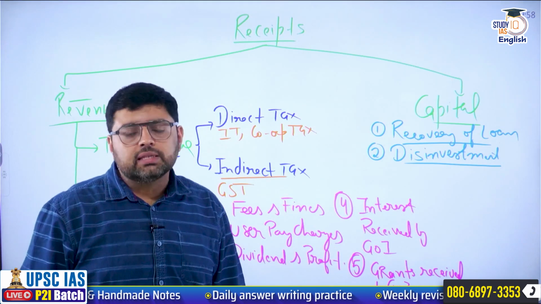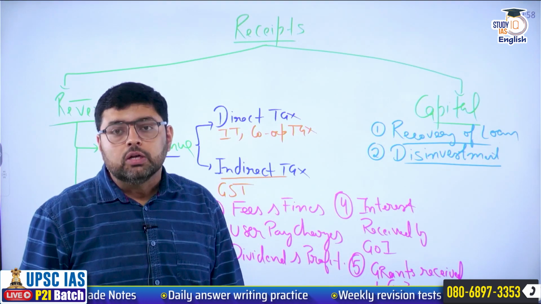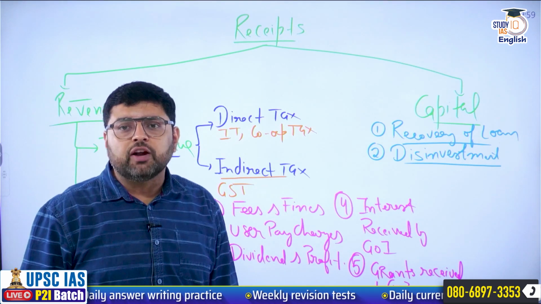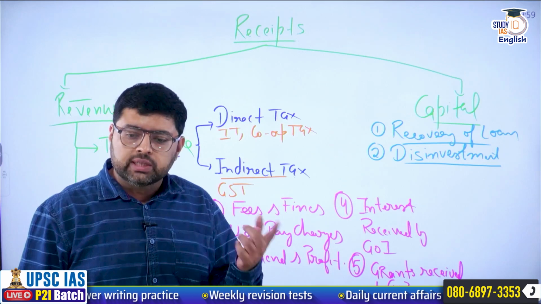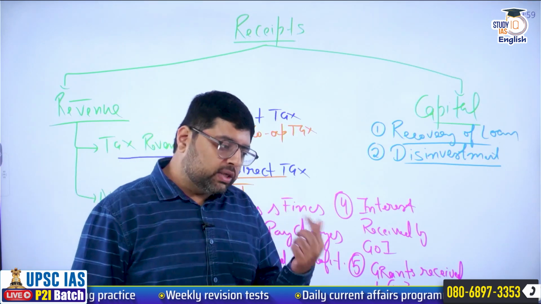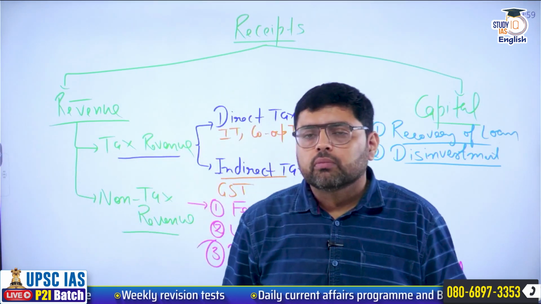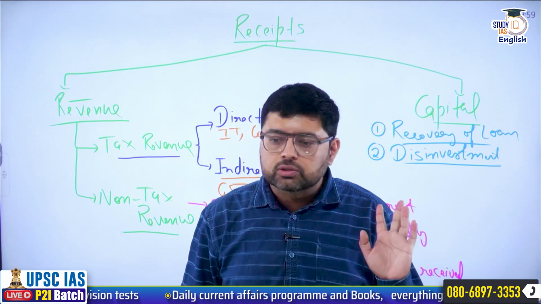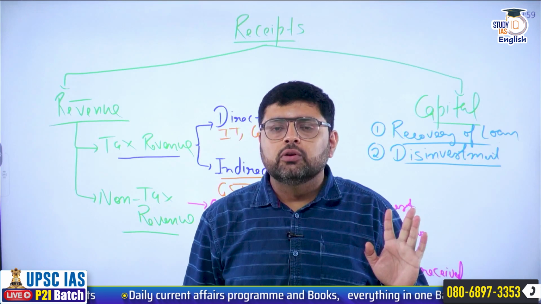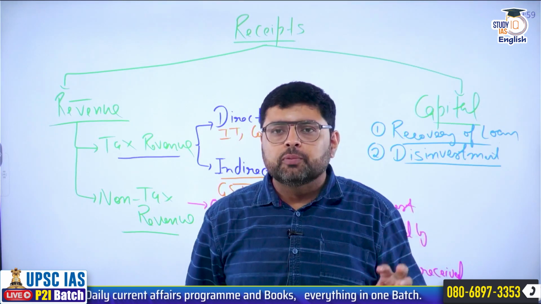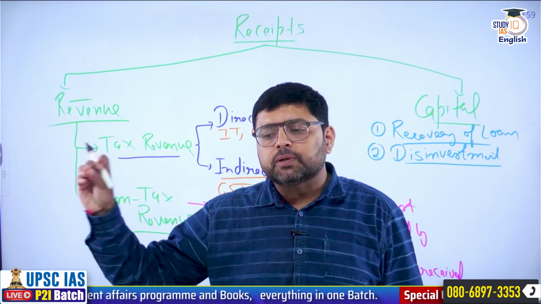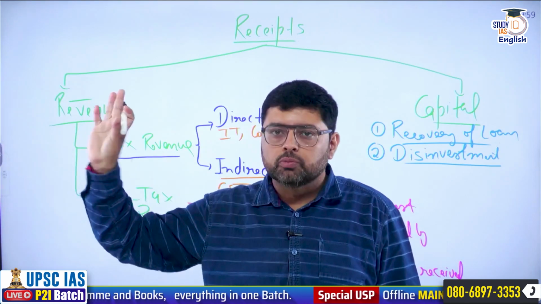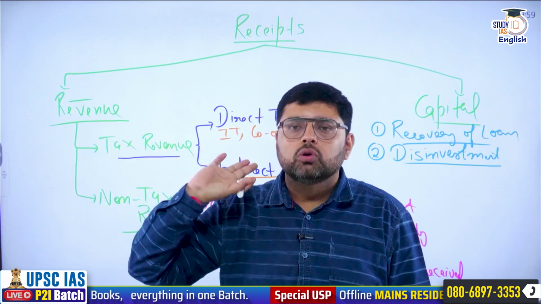Whatever X amount they have received under disinvestment, it is mandatory for the government to spend 25% on the PSU itself. When I am saying on the PSU itself, it means either on the same PSU or on any other PSU. There is no restriction in that. So 25% of X has to be spent either on the same PSU or any other PSU. But the point is, they spend on a PSU.